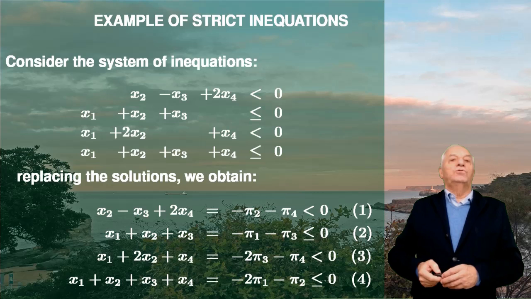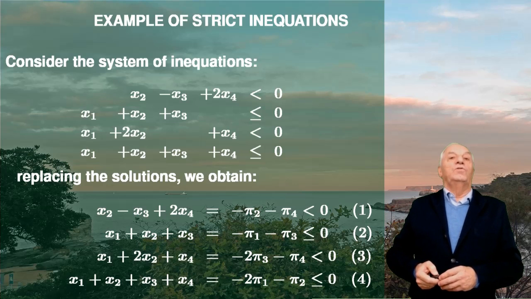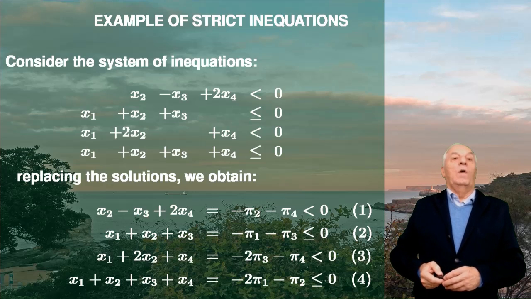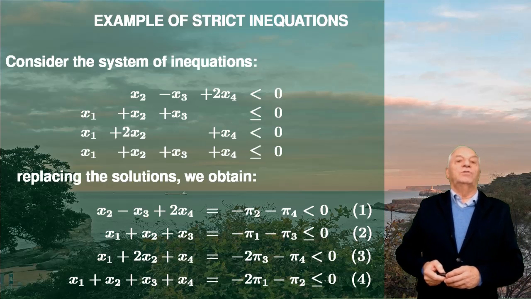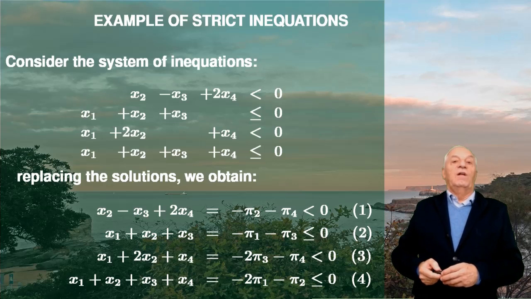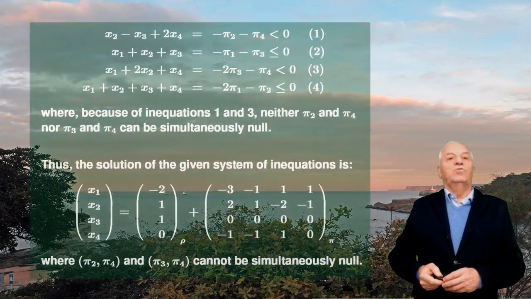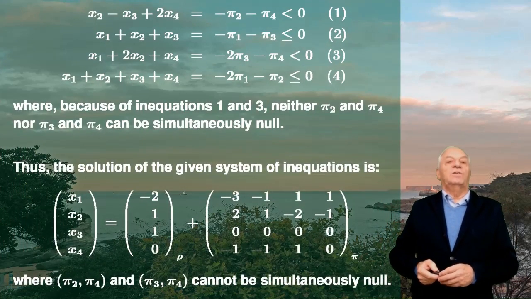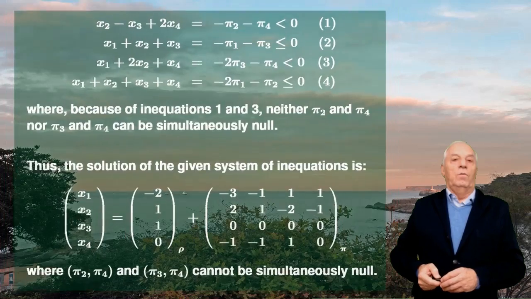Replacing the previous solution into the initial system, we obtain the inequations 1 to 4, which imply that neither the pi2 and pi4 nor the pi3 and pi4 coefficients can be simultaneously null, because the relation less than 0 in the system corresponds to inequations 1 and 3. Thus, the solution of the given system of inequations above is the previous one, but in this case neither the pi2 and pi4 nor the pi3 and pi4 coefficients can be simultaneously null.